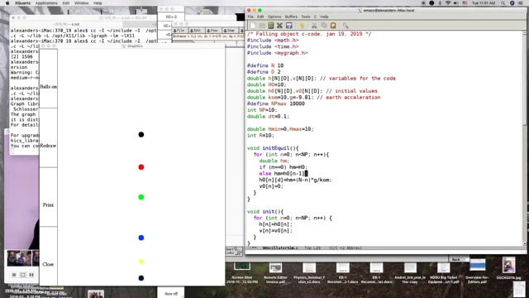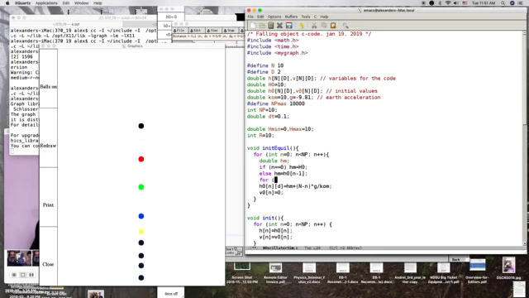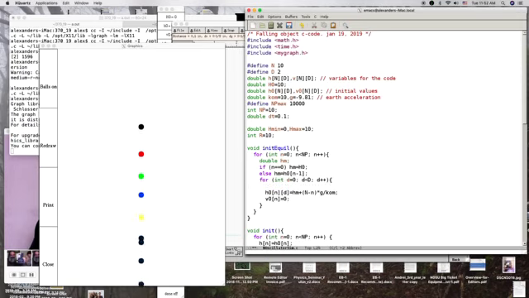So now we have to have a loop here: for int d equals 0, d smaller than capital D, d plus plus. And I think what we want to do is just, if that's the 0 dimension, well, it depends on how we want to count this.